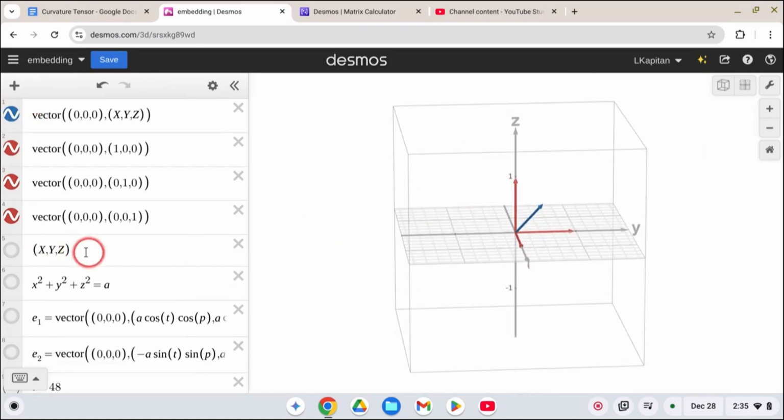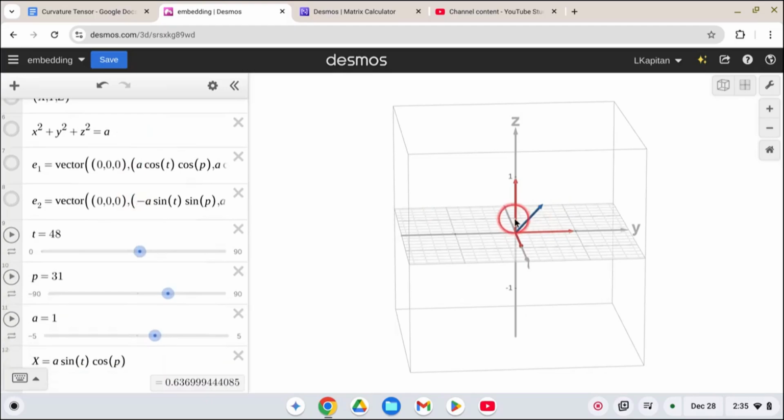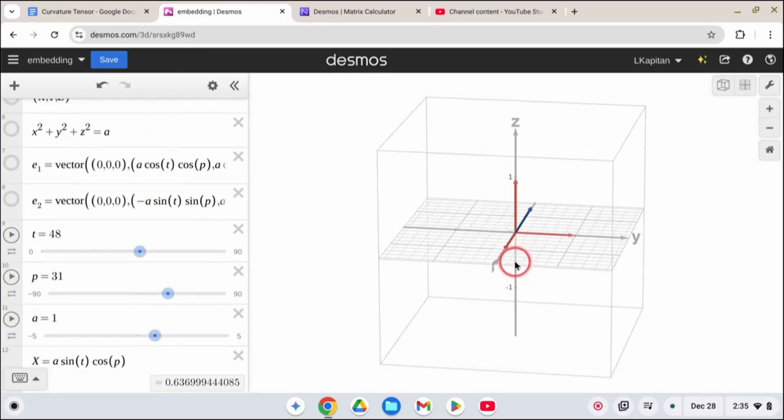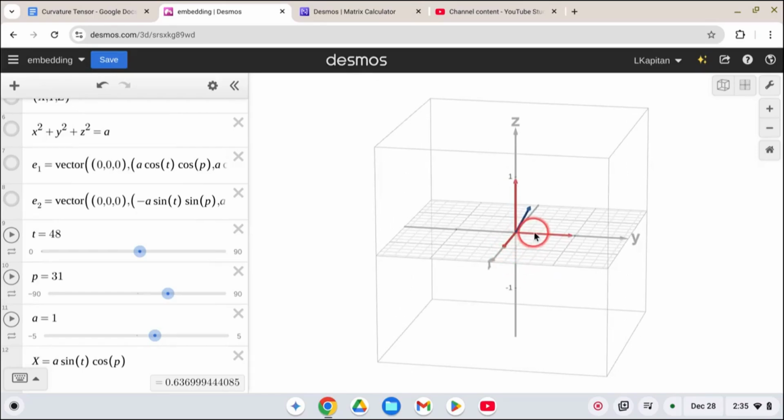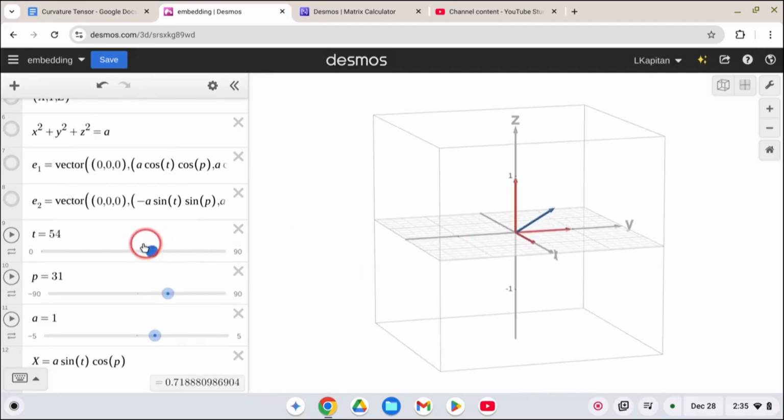And this vector has this angle here away from the North Pole, which is theta, and it has this angle here in the xy plane, phi. And you can see it move back and forth from the North Pole, right? So that's theta, and here's phi. So it swings around the equator.